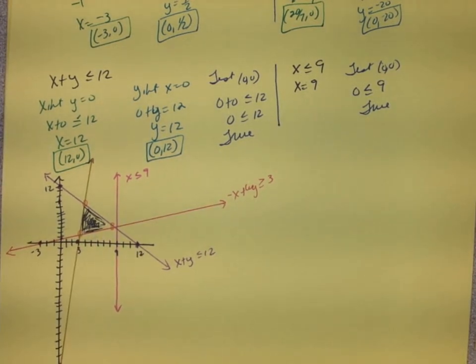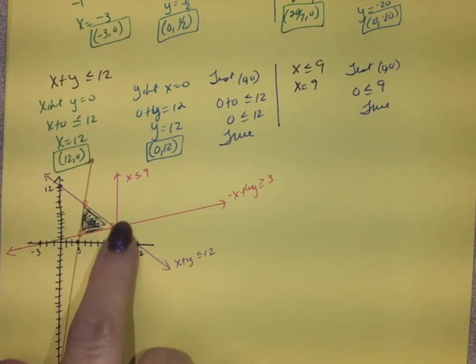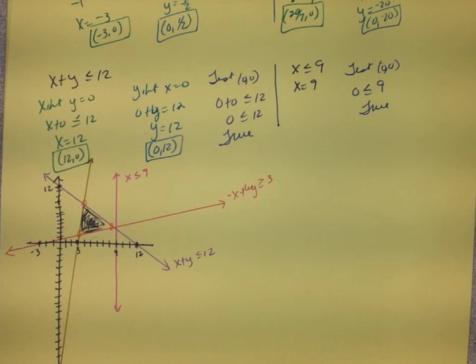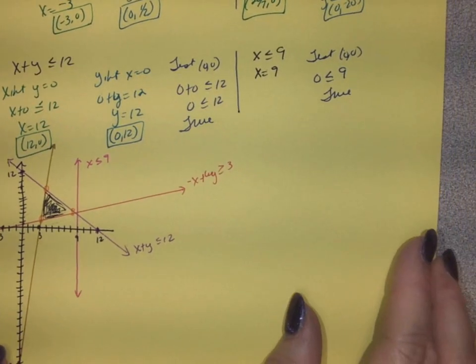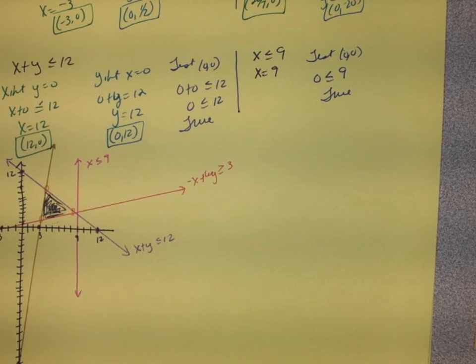All right, so let's go find our corner points. And I apologize that I didn't space as evenly so that it doesn't look as beautiful on here. But again, you can always graph on Desmos, or you can graph using a graphing calculator to get a more accurate looking graph. So now to find the corner points, we need to actually solve the system.